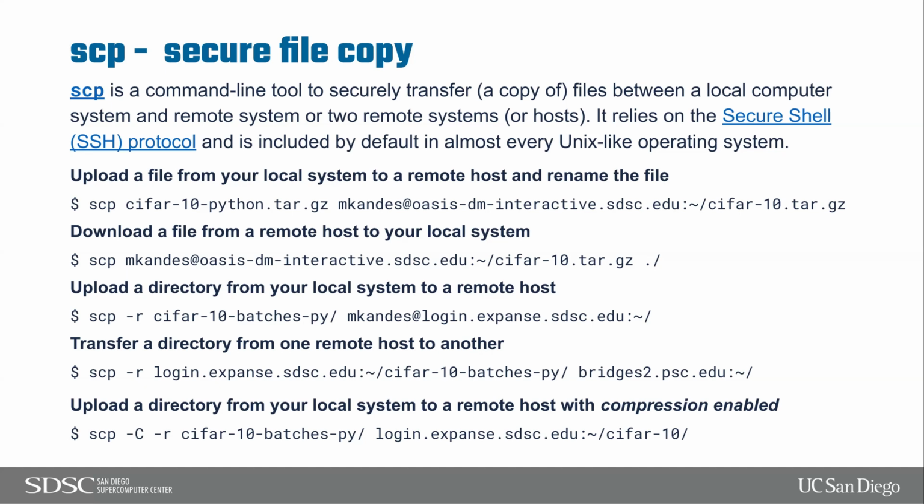It's just like the copy command on your local system, copying files between directories. This allows you to copy files between systems, right? Here I have my CIFAR Python data set tarball that I want to securely copy from my laptop to the Oasis data mover that's available to put that file on Expanse at SDSC, right?